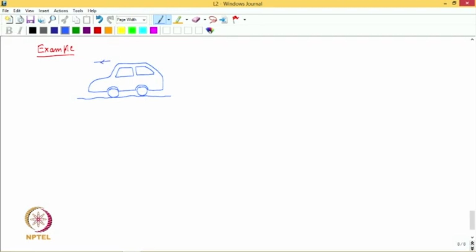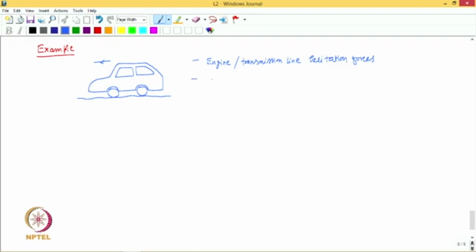So, what is going to happen when the car moves? There would be dynamic forces that would come. The dynamic forces may come from the engine and transmission line excitation, right.